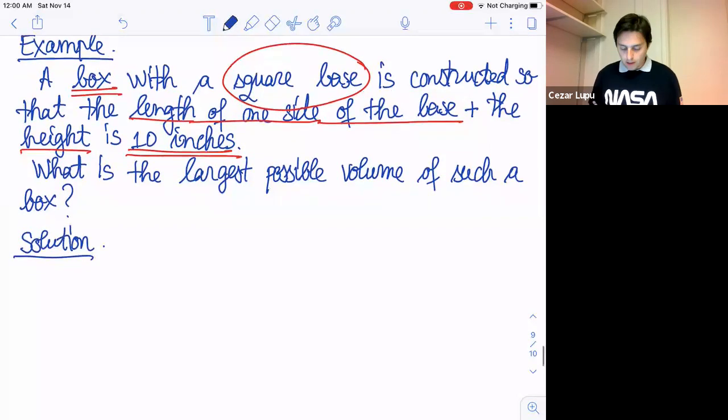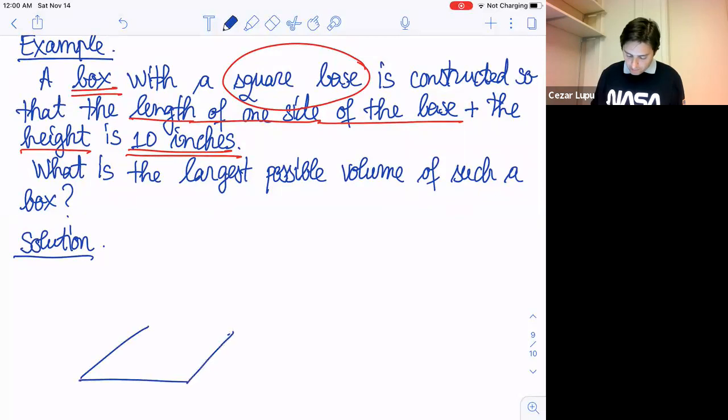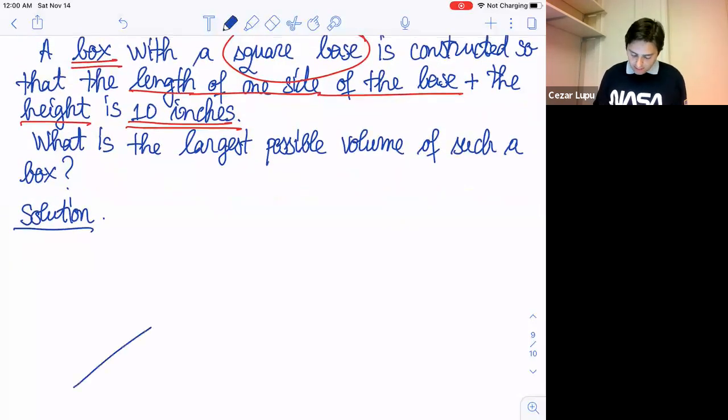Let me just draw this box. Oh, it's like a cube. Okay, let me just draw it better. I'm not extremely talented with these kinds of things, but anyway.